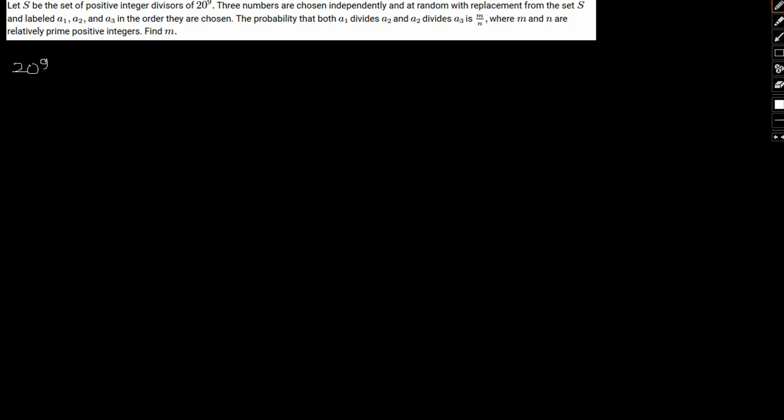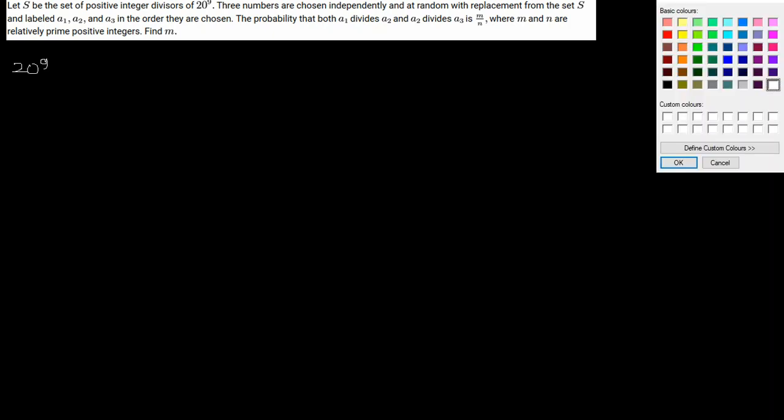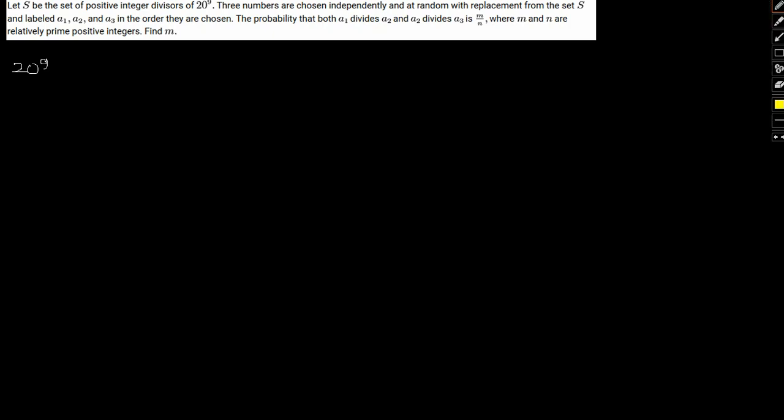Now let's try and understand a point here. For 20 we have prime factors as 2 squared and 5 to the power 1. So basically, for 20 to the power 1 we have 5 to the power 1 and 2 squared. We can generalize this as 20 to the power n is equal to 2 to the power 2n and 5 to the power n.